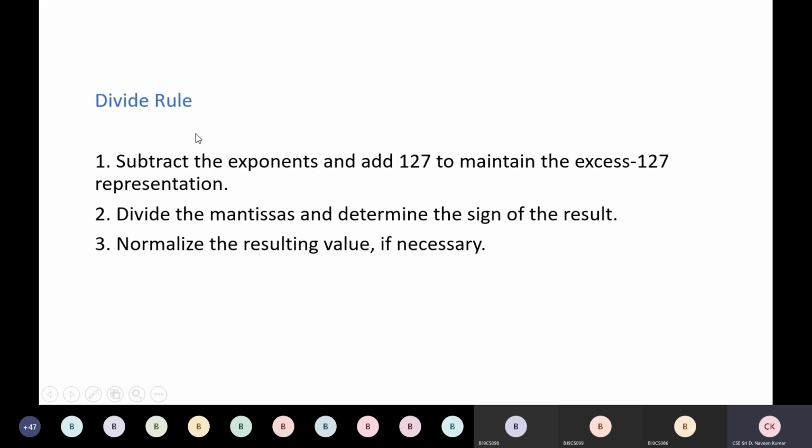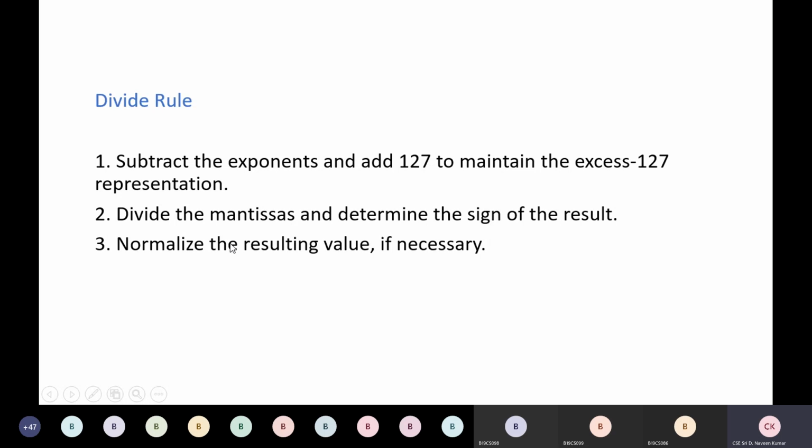And the last one we have is the divide rule, wherein for division we subtract the exponents. If we have two numbers, we subtract their exponents and we add 127 to maintain the excess 127 representation. The next step is we divide the mantissas of both the numbers and determine the sign.